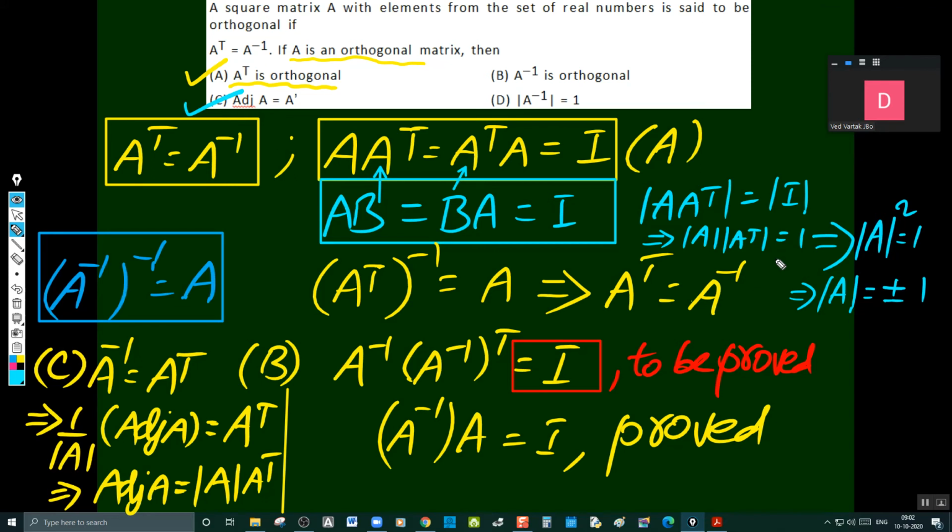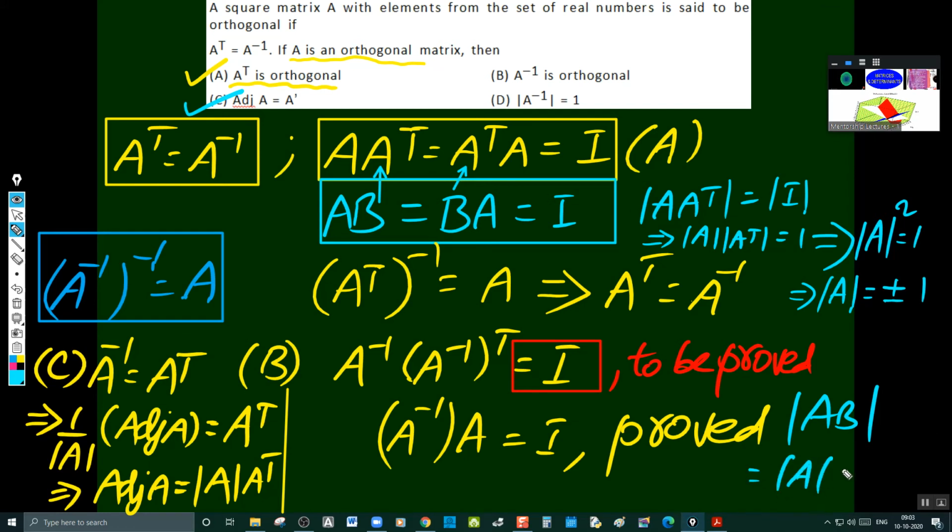When you separated the matrices and took the determinants product separately, that means you are not aware of this formula, or you might have forgotten. Det of AB can be written as det A into det B. Do you know this or not? Because both are constants. Yes sir.